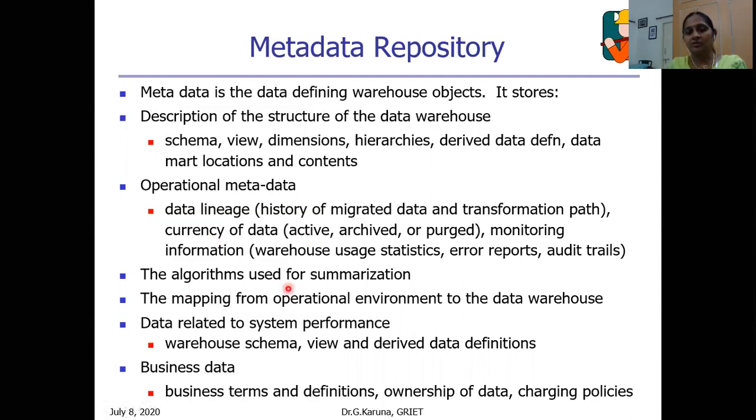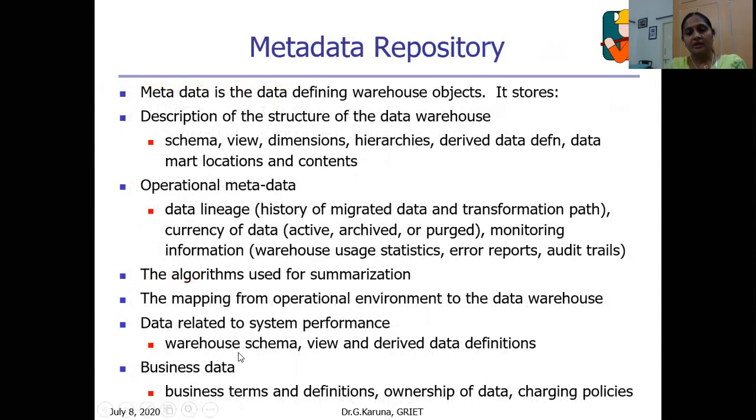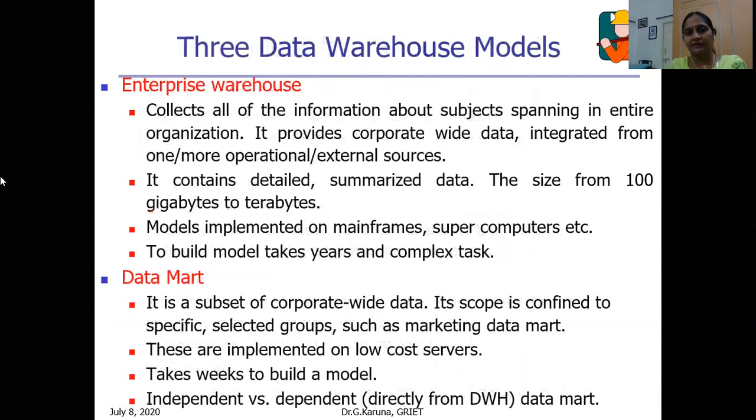It also maintains what kind of algorithms are used for mining functionalities, the mapping of the operational environment to the data warehouse, what the mapping techniques are, and it also contains schemas and business data like business terms and definitions. So all this related information is available in the metadata, meaning data about data.